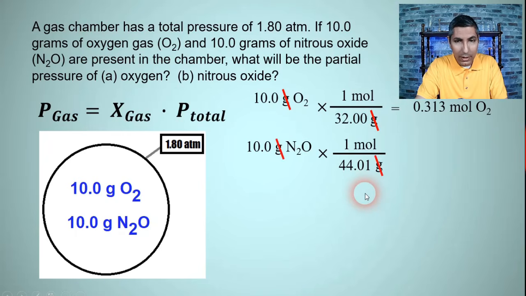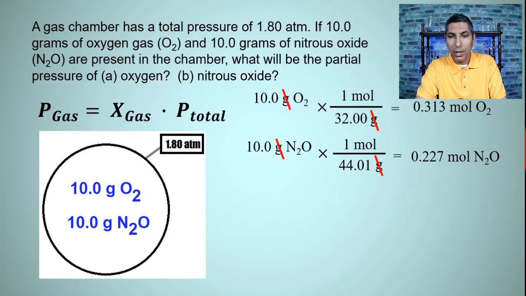So now when I divide 10 divided by 44.01, I find that I'm working with a total of 0.227 moles of N2O. So now with these mole values, I can actually calculate a mole fraction and solve the problem.